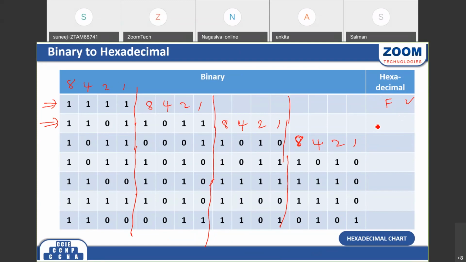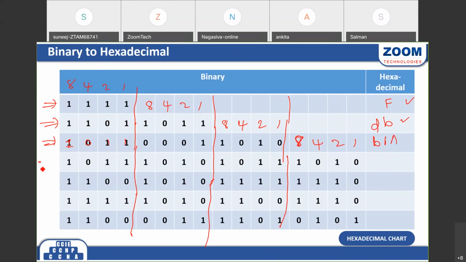First value is D. Next value: 8 plus 2 plus 1, 10 plus 1, 11. D, B is the answer, right? Next example: 1011 is B, 0001 is 1, 1010 is A. B1A, right?